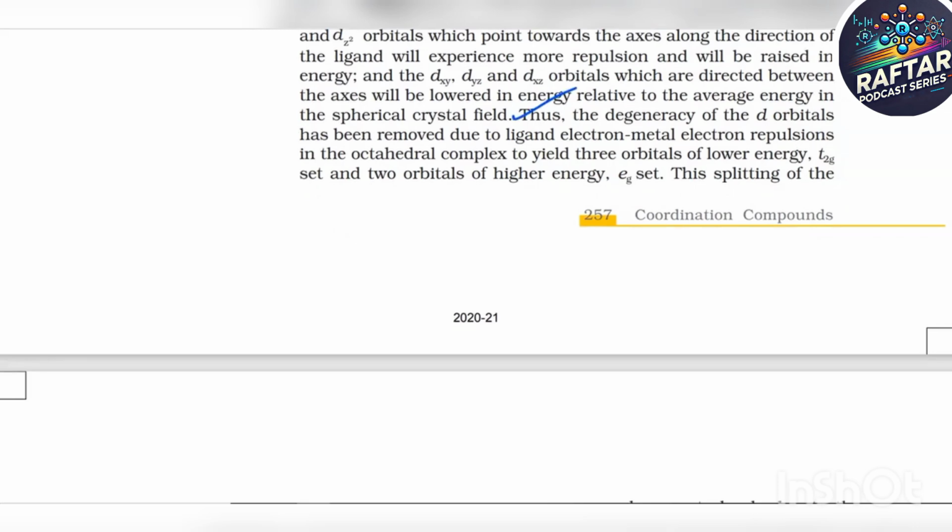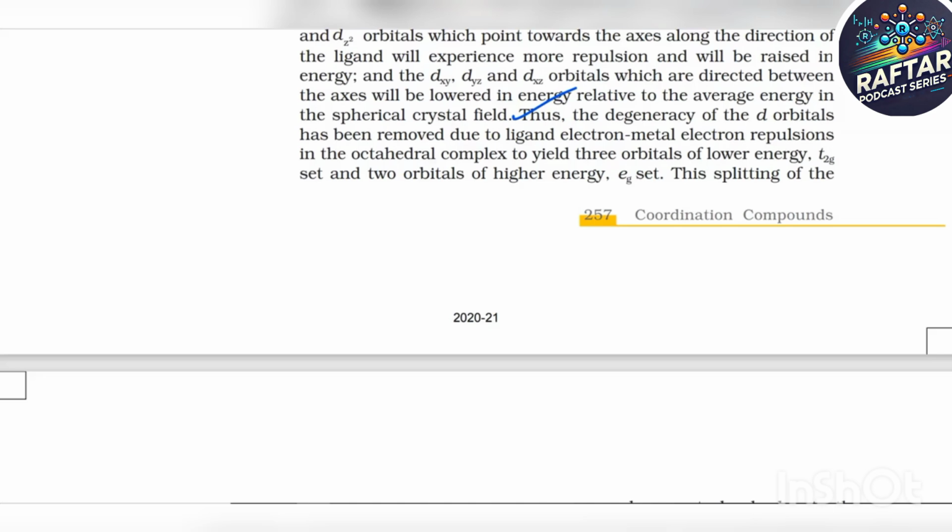Thus, degeneracy of the d orbitals has been removed due to ligand-metal electron repulsions in the octahedral complexes to yield 3 orbitals of lower energy, the t2g set, and 2 orbitals of higher energy, the eg set.